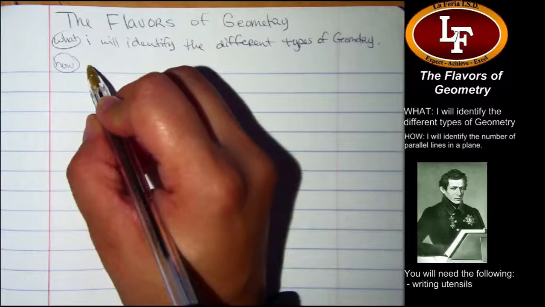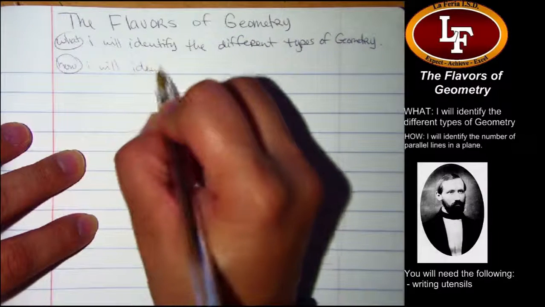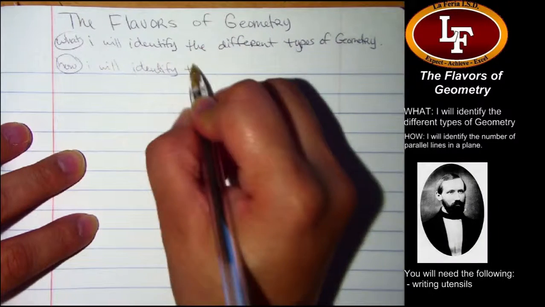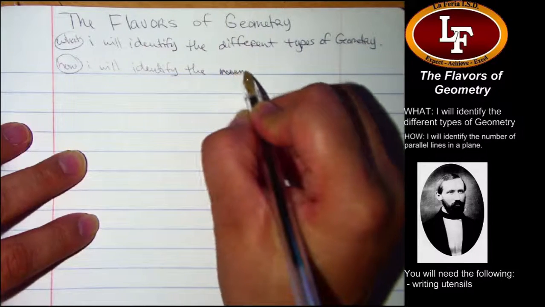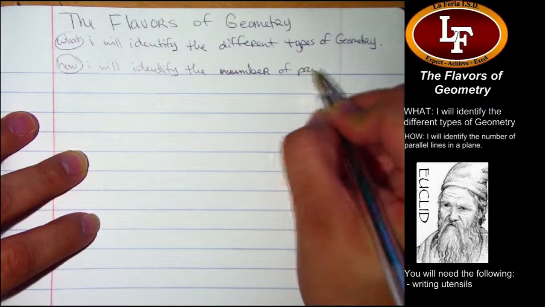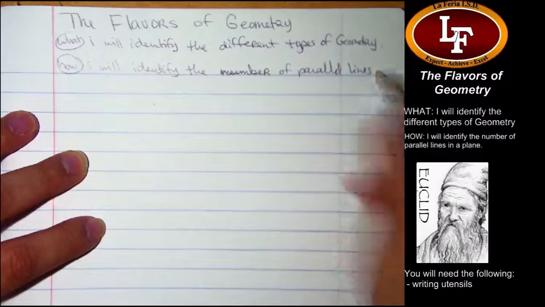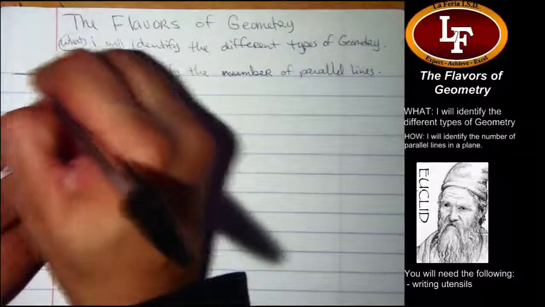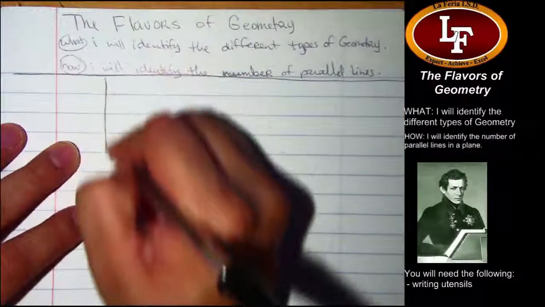And the way we're going to tell them apart is by identifying and counting the number of parallel lines that we find in this geometry. And I hope that right now some of you are going, wait, what?